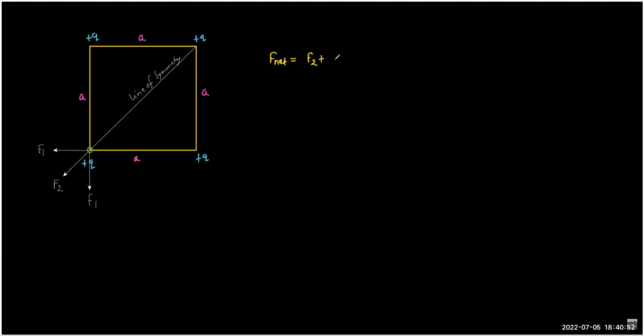F2 plus the component of F1 along F2. So what is the component of a vector along the F2 direction?